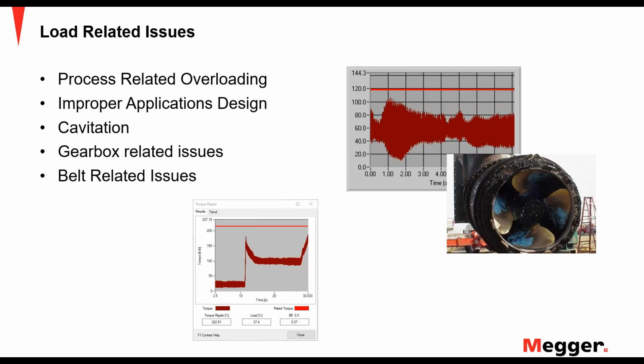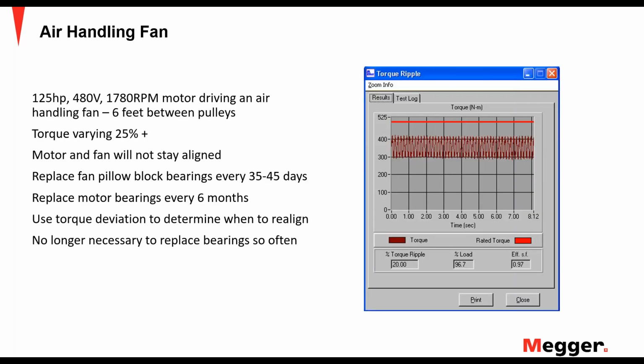Load-related issues: process-related overloading, improper application design, you've got the wrong motor installed, cavitation, you've got a broken impeller, gearbox-related issues, belt-related issues can be seen in the torque spectrum and the torque ripple. So here we have an example of an air handling fan.